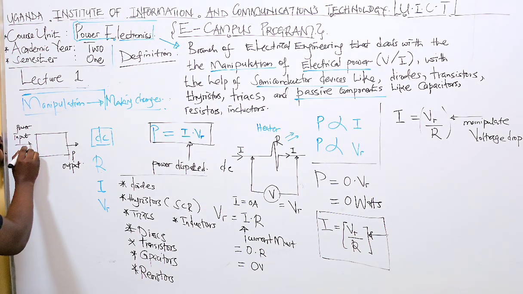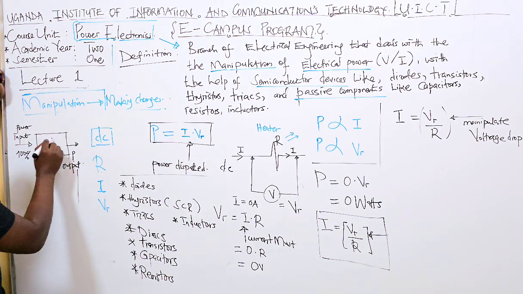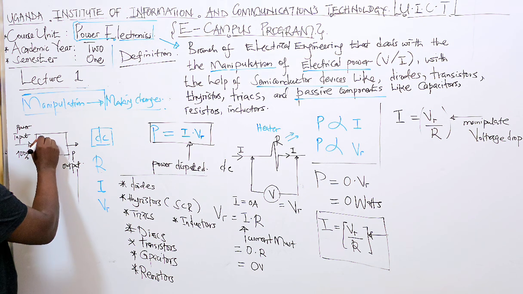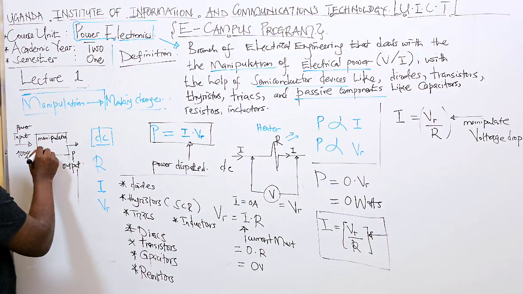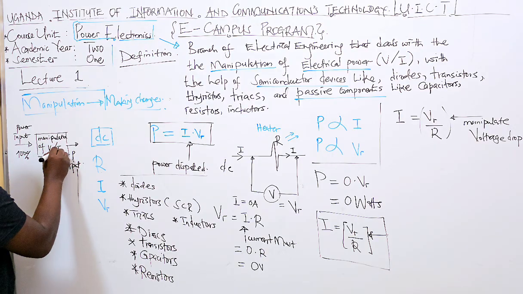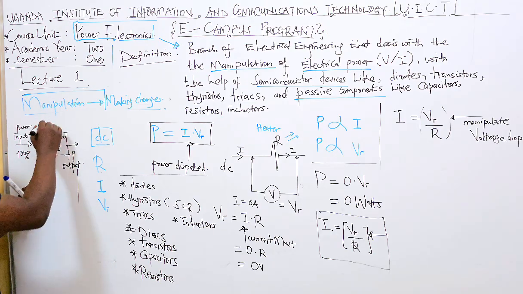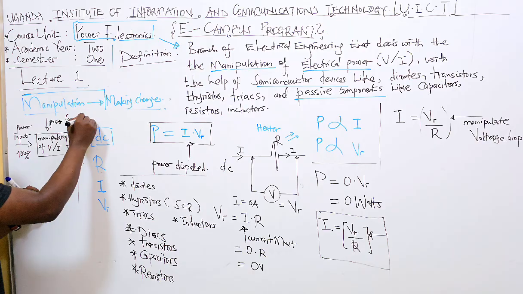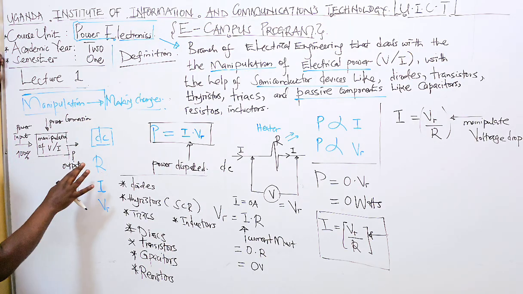Let's say we bring in 100% of the power, and this electrical system is a circuit that helps us do the manipulation of voltage and current. So it's a power conversion circuit.